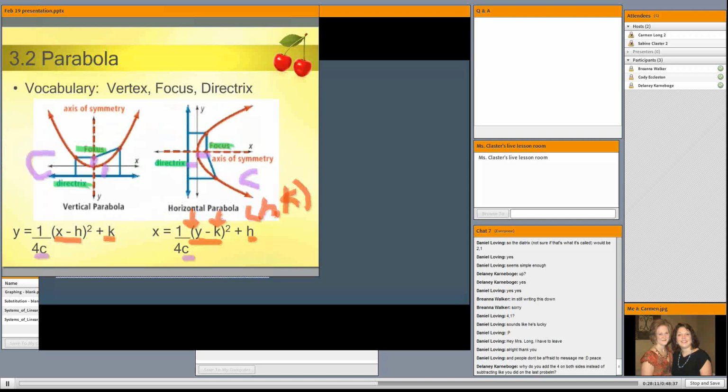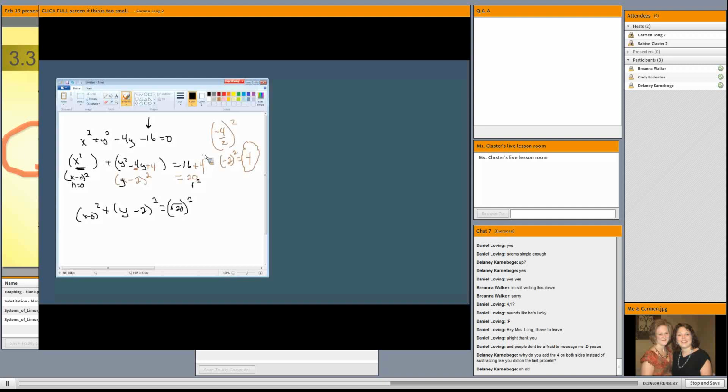If we had left the 16 over here, then we could have just added 4 and taken away 4 and then moved the 16 over. That would have been the same thing. Is our HK.